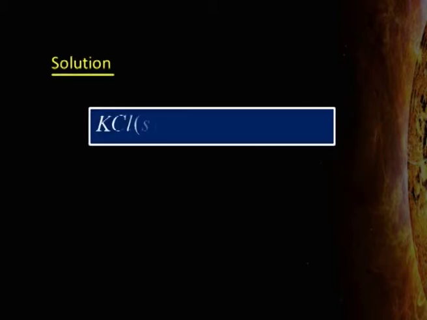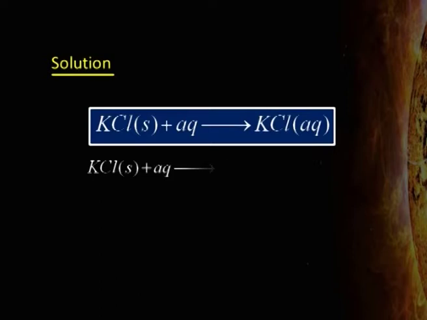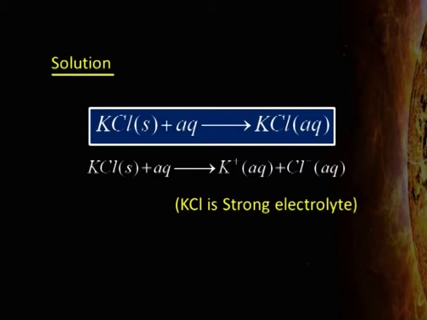Now, the reaction required for this dissolution process will be KCl solid plus aqueous, giving you KCl aqueous. KCl aqueous means K plus aqueous plus Cl minus aqueous because KCl is a strong electrolyte. Now, delta H for this process is given in the problem, which is equal to 17.19 kilojoules.